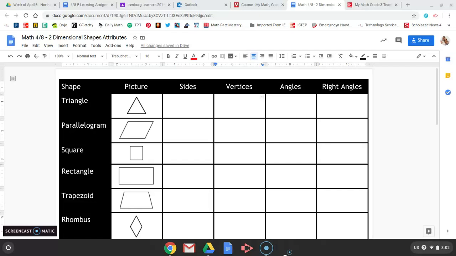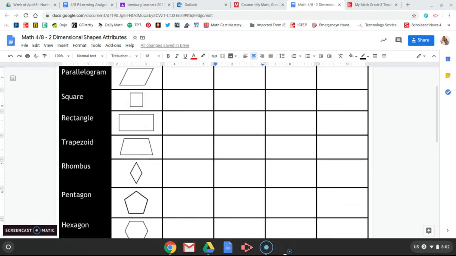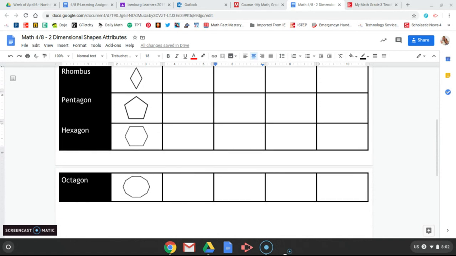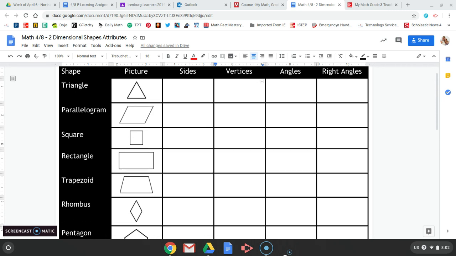You can see that this chart that I gave you has more than just quadrilaterals on it, because not all of these shapes have four sides. Some have more, and obviously the triangle has less. So for this lesson, we're going to start right here at the parallelogram and focus on parallelogram, square, rectangle, trapezoid, and rhombus, because those are our quadrilateral or four-sided shapes.